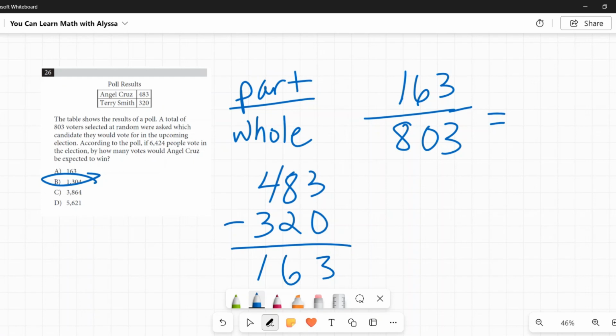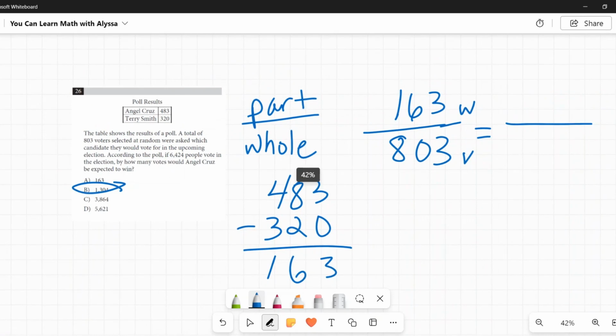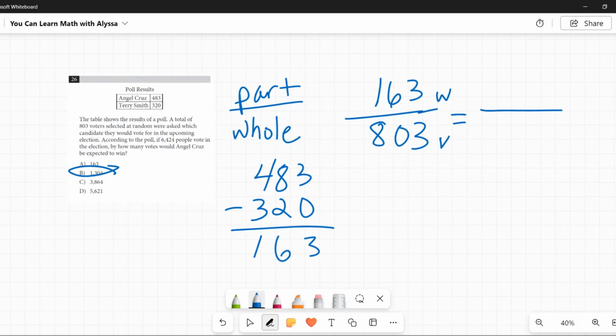We're going to set up the same sort of thing, because this is how many he won by, and this is the number of voters. As long as I use those same two things, how much you're winning by and voters, the proportion is still true. So here I've got 6,424 voters, and I'm just writing this to signify what they are. These are not variables. It's just a reminder of what we're dealing with.